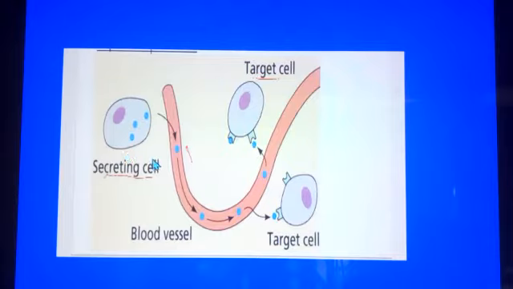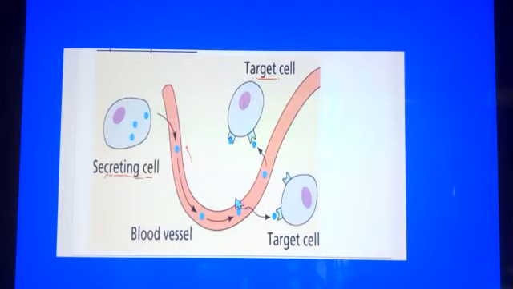That's why we say that each gland produces a particular hormone, and that hormone acts on a specific part of the body, which we refer to as a target part. That part could be a cell, it could be a tissue, or even an organ.